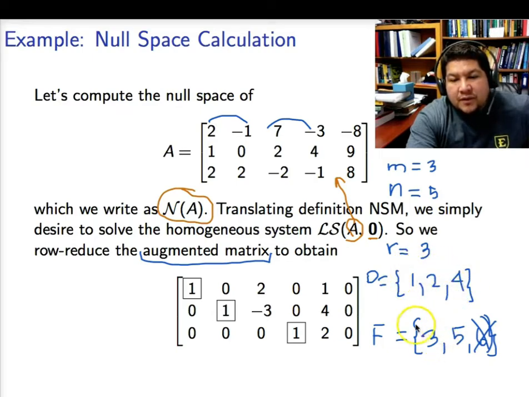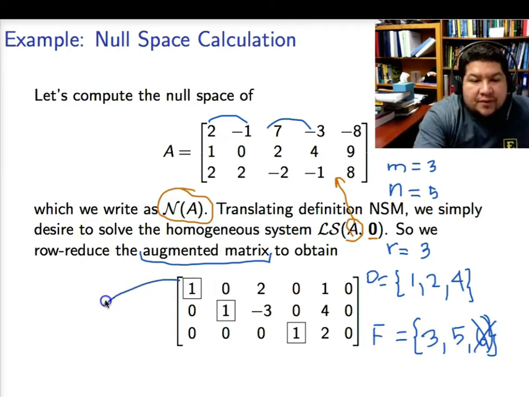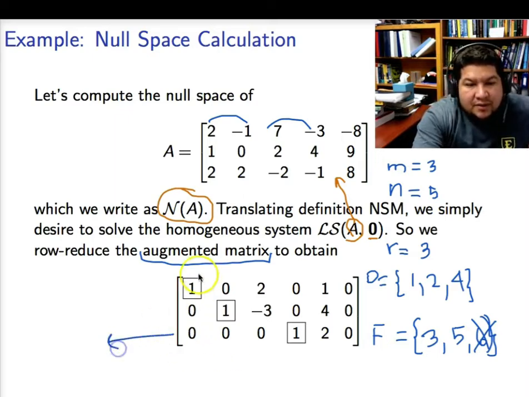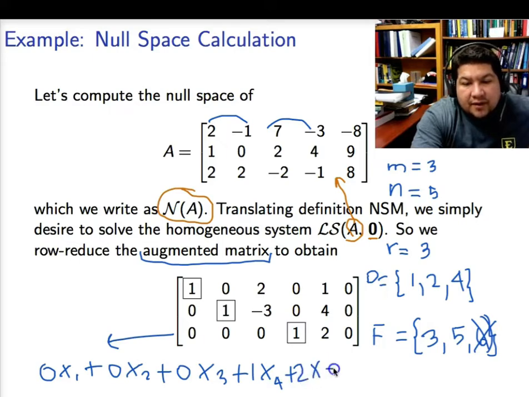indices of dependent variables. So for example, the first row, I always do the first row, so let me just do in this example the last one. You should do row 1 and 2, but from the last row we read that you have 0 x1 plus 0 x2 plus 0 x3 plus 1 x4 plus 2 x5, and this equals 0, which means that from here it's straightforward to solve for x4, and x4 equals minus 2 x5, right?